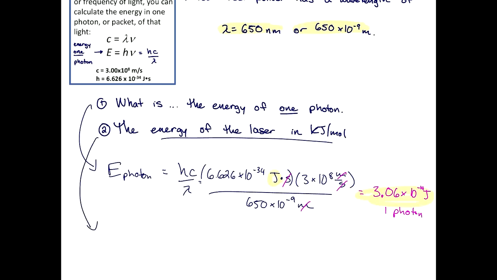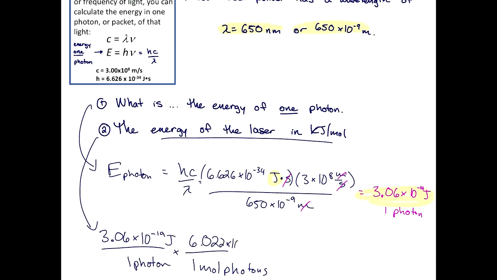This follow-up question is always harder for students to understand, but just recognize that we calculated the energy of one photon, so let's scale that value up. If one photon has an energy of 3 times 10 to the negative 19 joules, then in 1 mole of photons I must have 6.022 times 10 to the 23 photons.